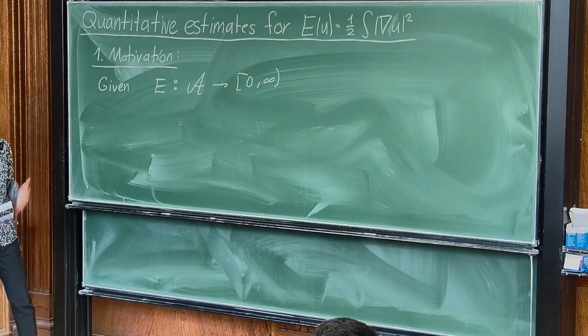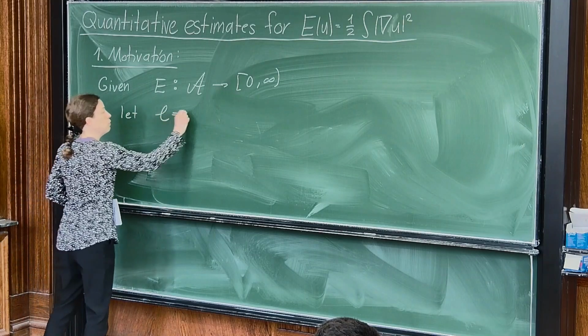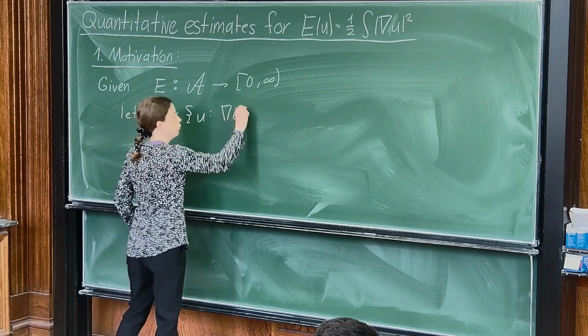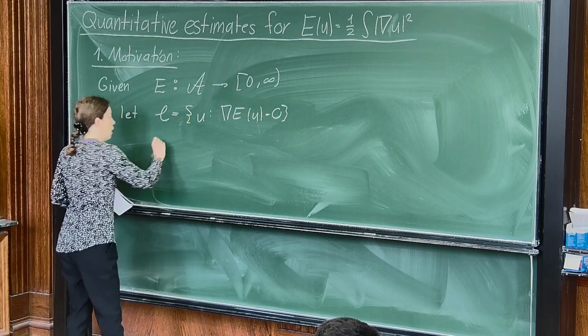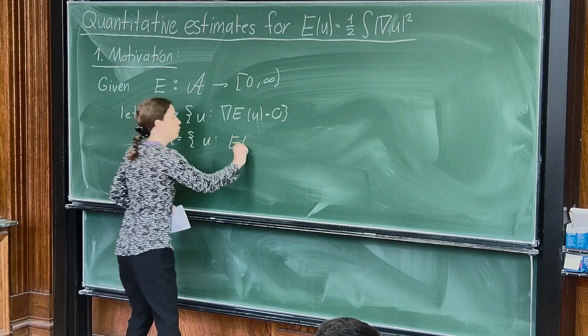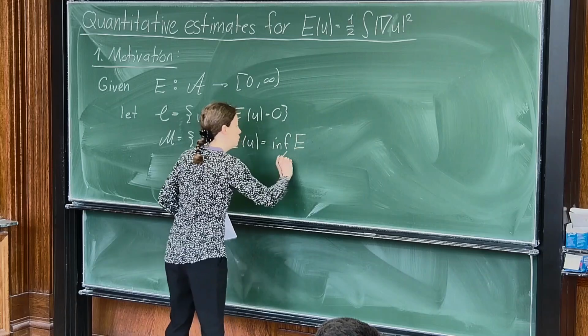Given such a set, of course, we're interested in the critical points. So let me denote them by script C, the set of u which are critical points, so the gradient vanishes. And let me take M, the minimisers, so the energy of u is equal to the infimum of the energy over the admissible set.